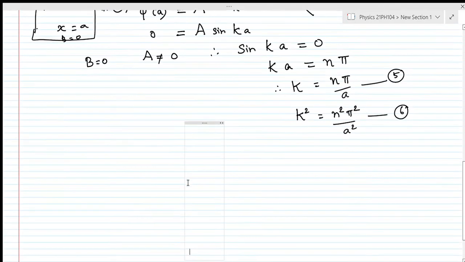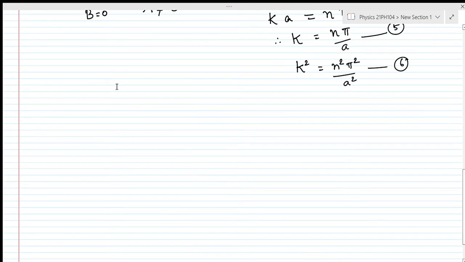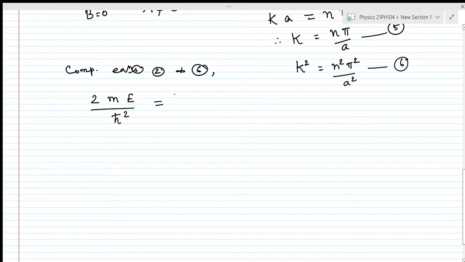Comparing equations 2 and 6, we get 2mE by h cross square, where h cross is the reduced Planck's constant, equal to n square pi square by a square.